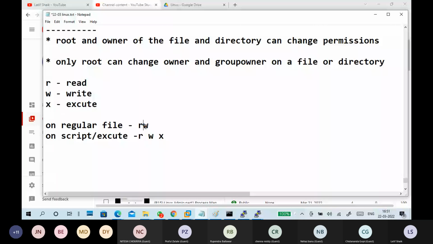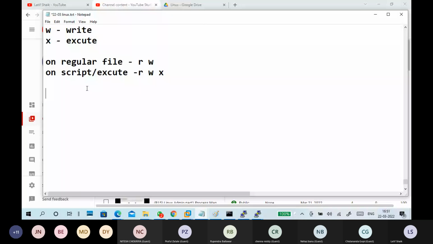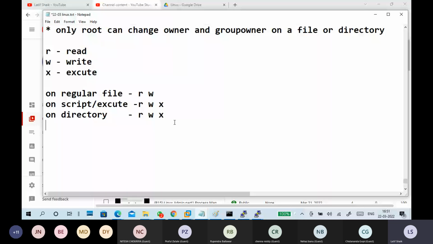Read and write, or both, like this. On directories, read, write, execute permissions are there. I will show you these permissions.